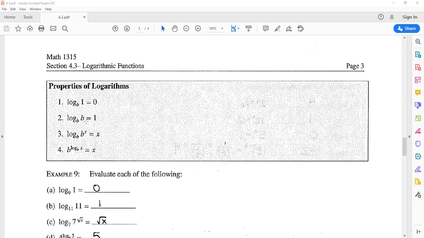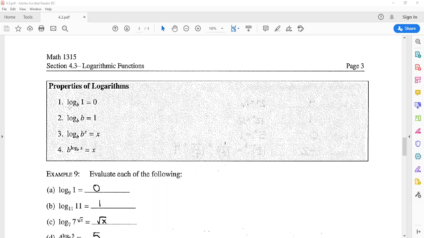So the first two of these basic properties come directly from basic properties that we knew of exponential functions. The first one says log base b of 1 equals 0. This corresponds directly with the exponential function fact that b to the 0 equals 1. This is for any eligible base b, right? Something bigger than 0, but not equal to 1.